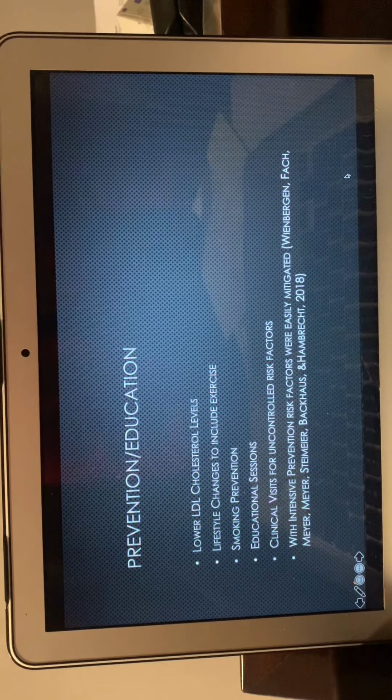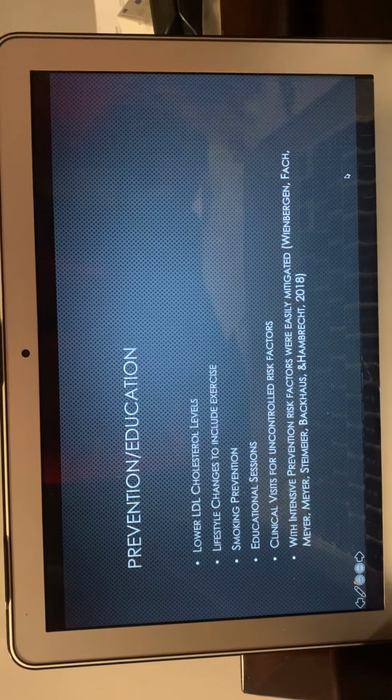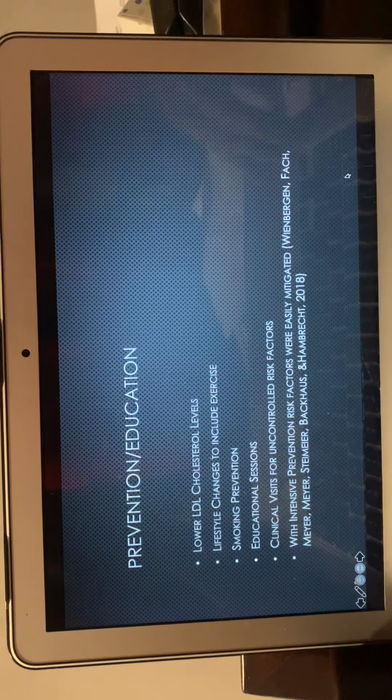And then in a study done overseas in Europe, they actually looked at intensive prevention of risk factors. When they went in there and mitigated these risk factors very intensively, they did note a significant decrease in all secondary events and reoccurrences of myocardial infarction as well. So it is noted that these intensive prevention programs are actually effective.